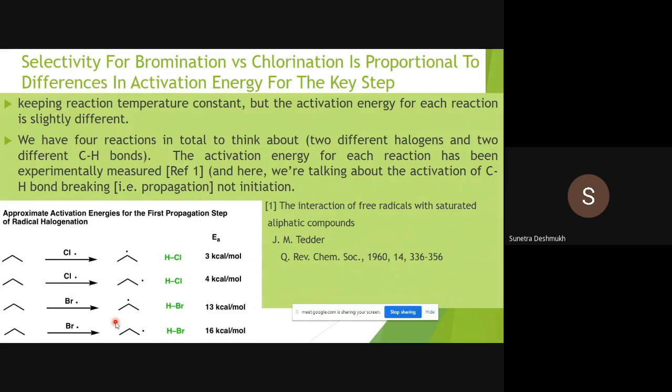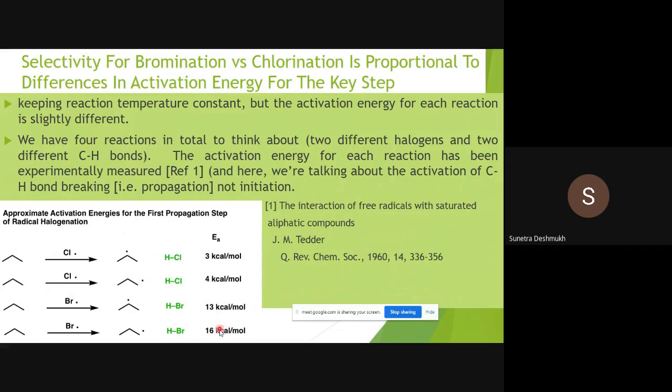The next reaction, the bromination reaction, primary bromide formation and secondary bromide formation. The energy of activation in generation of this radical, or breaking of the CH bond, for secondary bromide formation is 13 kilocalorie per mole, and for primary alkyl bromide formation it's 16 kilocalorie per mole.